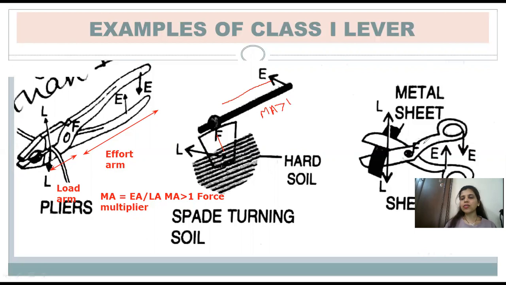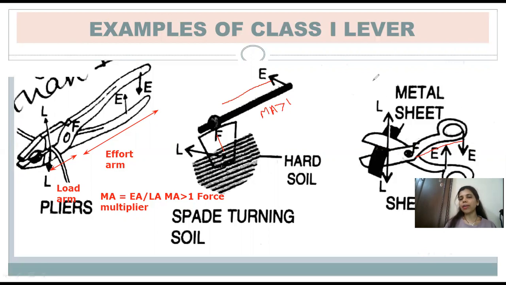Now if you see scissors, shears, in these shears, the fulcrum is at the center, effort and load are on either side. So again, if you see carefully, the effort arm and the load arm, the effort arm is longer.